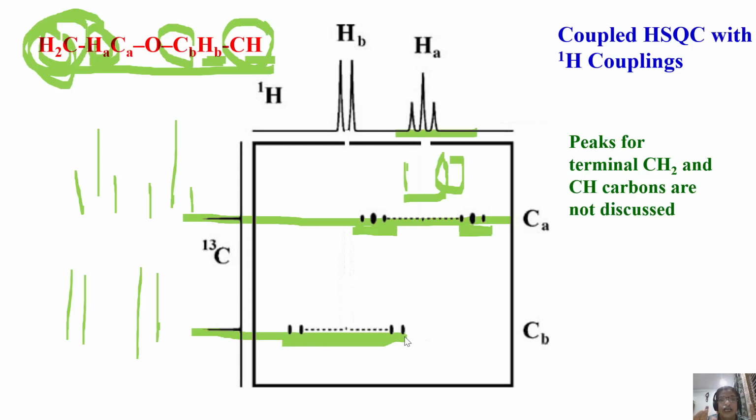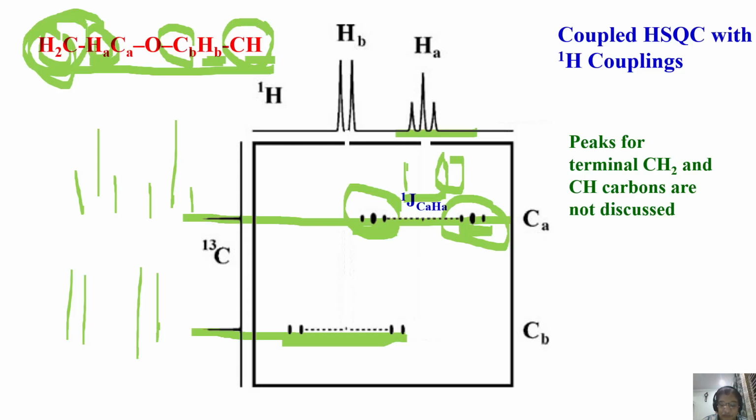Is it clear? Now, in the coupled HSQC, without proton-proton couplings, we saw only a doublet. When the proton-proton couplings are introduced, they appear in the satellite spectrum, which are reflected in this HSQC spectrum. That's what I wanted to say. Okay.